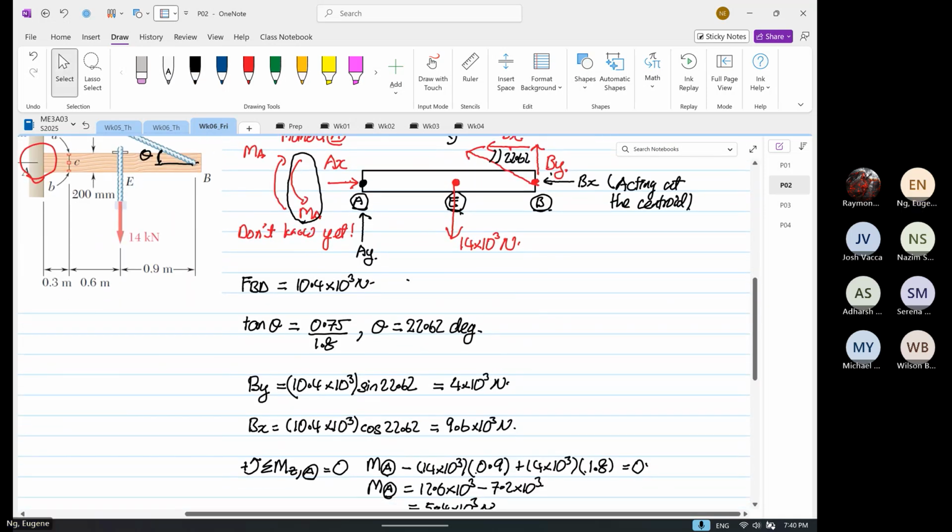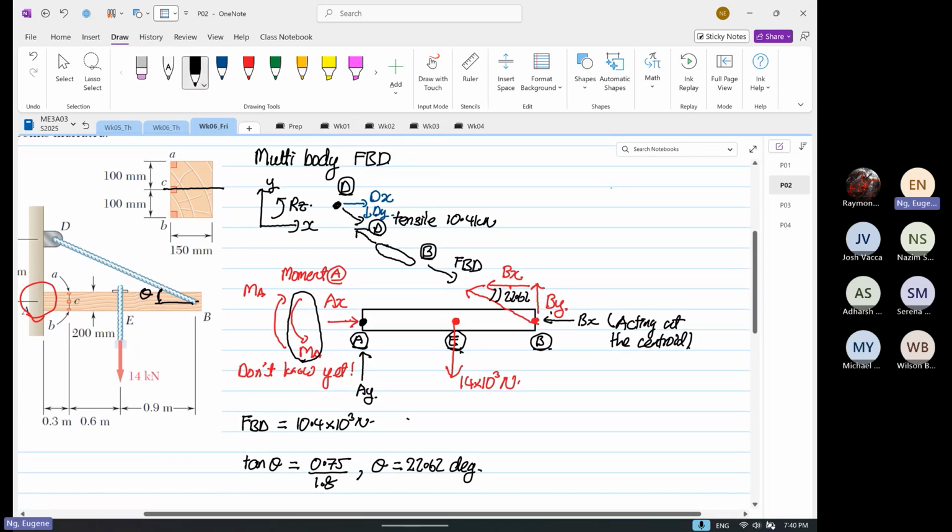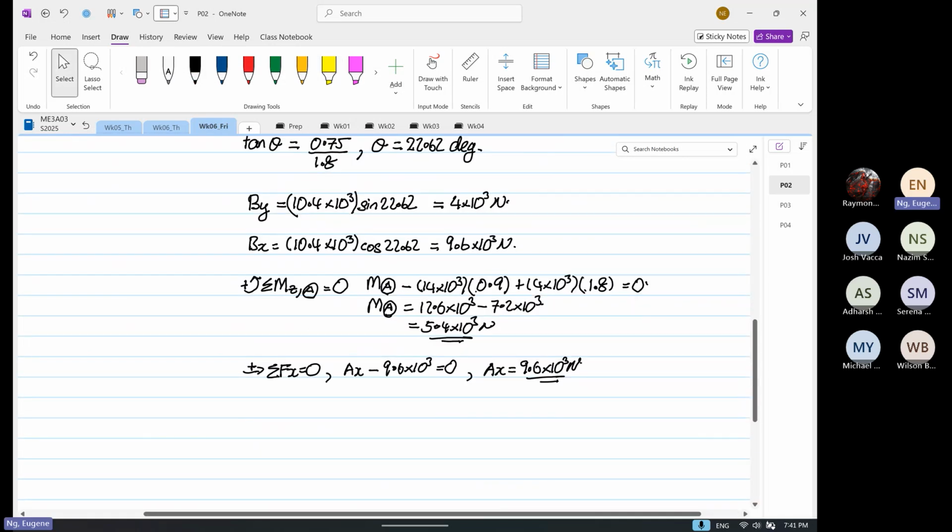We don't need to consider DX or member BD, because for member BD, the load has been transmitted over here already. So we don't need to take that into consideration. You don't need to consider what is going on down here. No need.